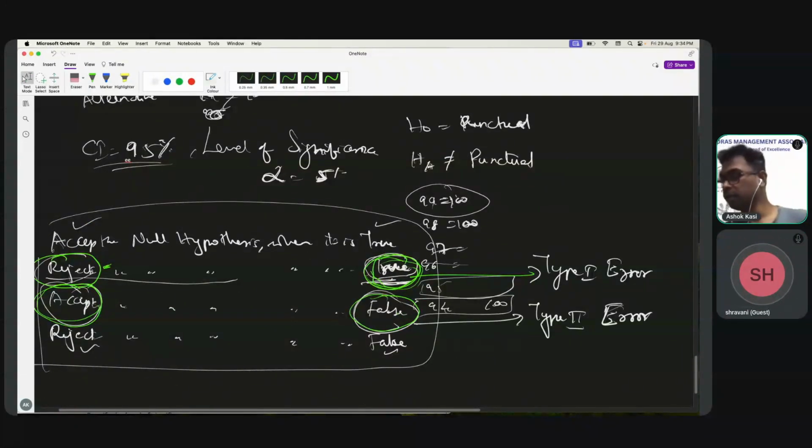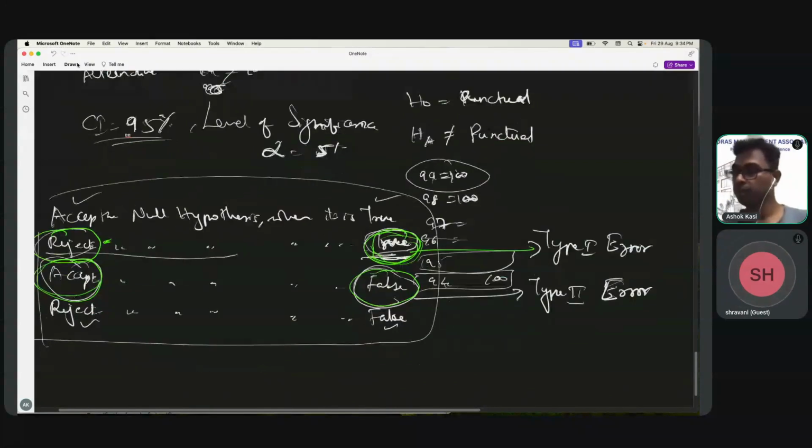It was actually wrong, but because my experiment was also wrong, it accepted it. So here it is accepting a wrong claim.